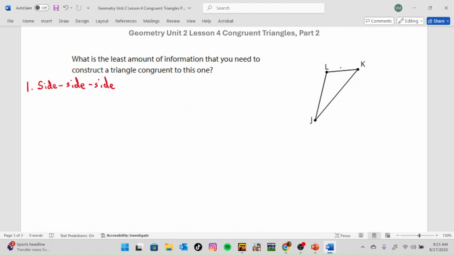If I know how long LK, LJ, and JK are, then obviously I would be able to construct a triangle that is the exact same. Okay, so the side lengths of all 3 sides.